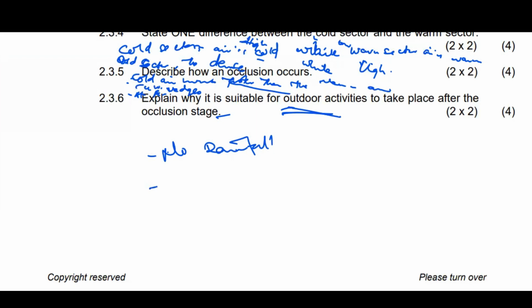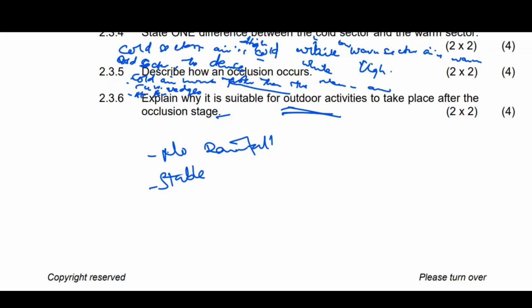That is number one. Number two, you can also say that after the occlusion stage, the weather will be stable. Remember, we say that the pressure goes high again after the occlusion stage. If the pressure goes high again, that means cold air will be existing.